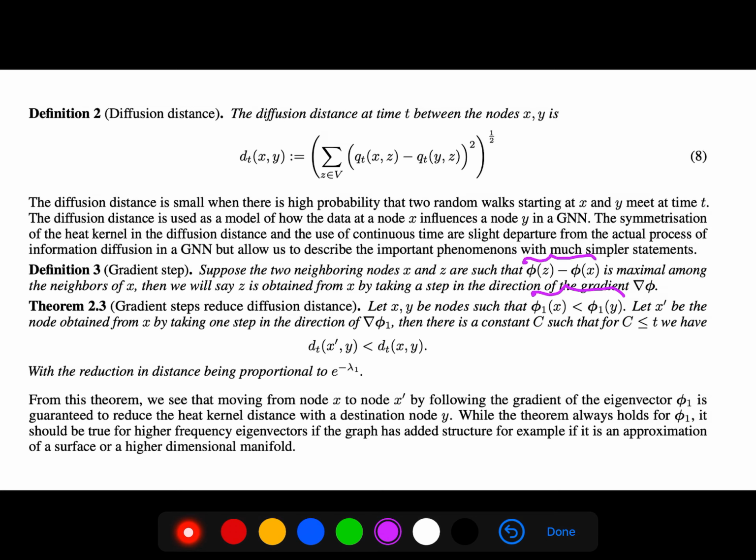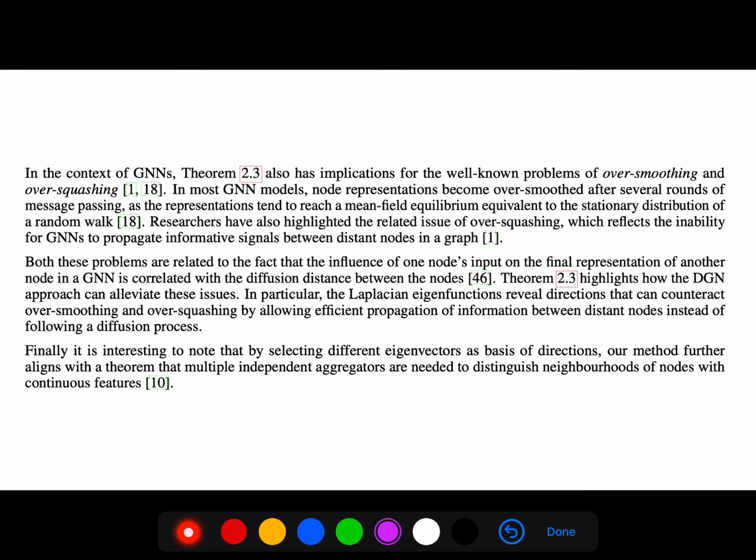Then there is a constant c such that for all t greater than c, the diffusion distance between x prime and y is bounded by the diffusion distance at time t between nodes x and y, with the reduction in distance proportional to e to the minus lambda 1.